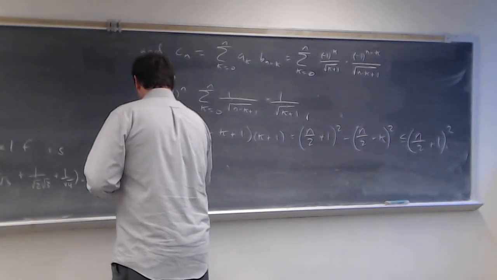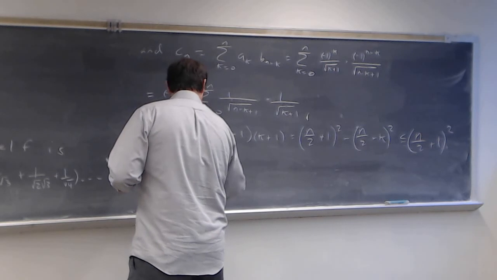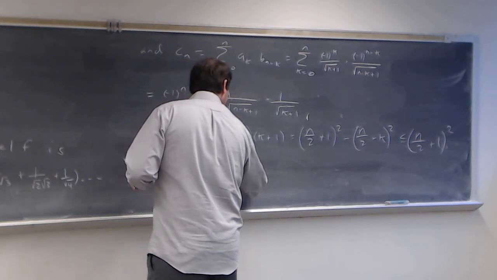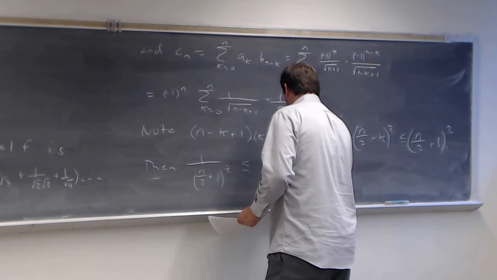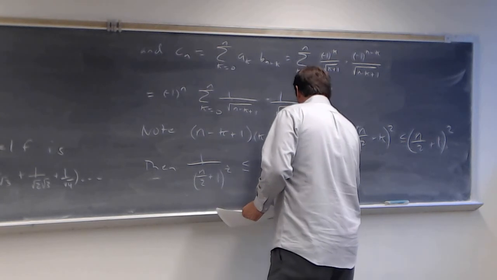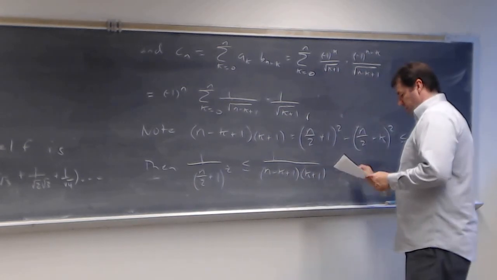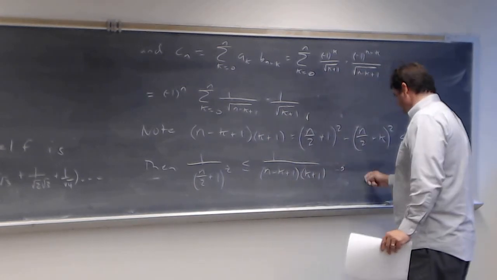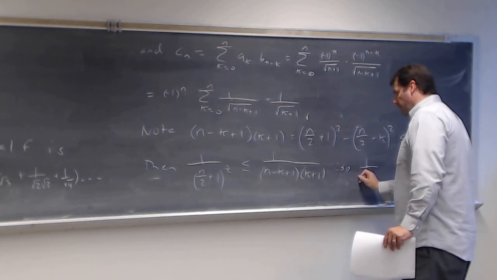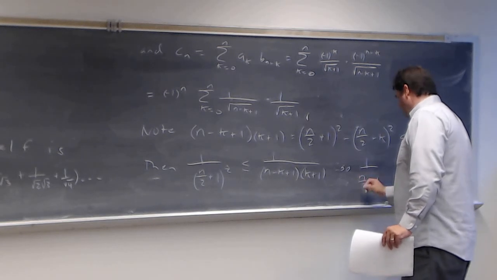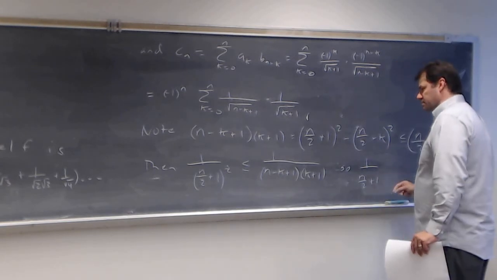Then that gives us that 1 over n over 2 plus 1 squared is going to be less than or equal to 1 over this quantity, n minus k plus 1 times k plus 1. And so what that yields is that if I take the square root of both sides, I have 1 over n over 2 plus 1, the square cancels the square root.